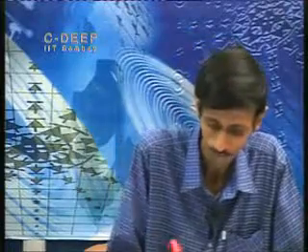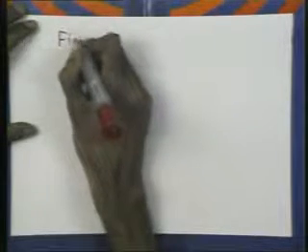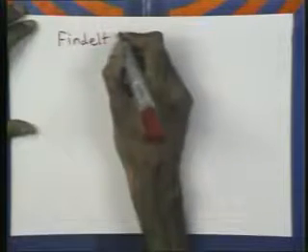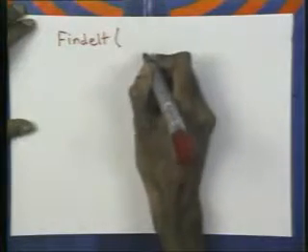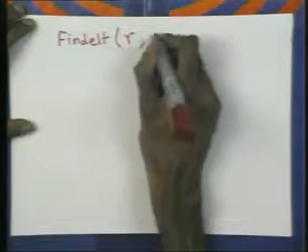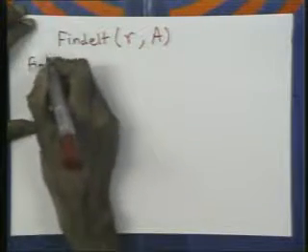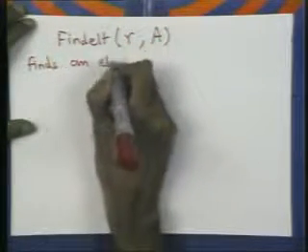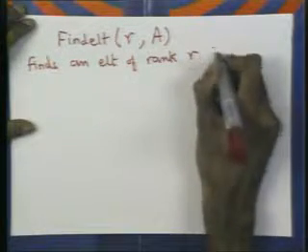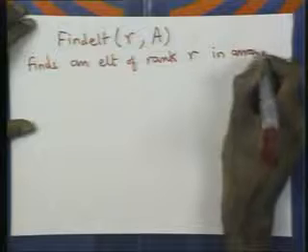I want to find an element of rank R in an array A. Let's call this find element, with arguments R and A. This finds an element of rank R in array A.